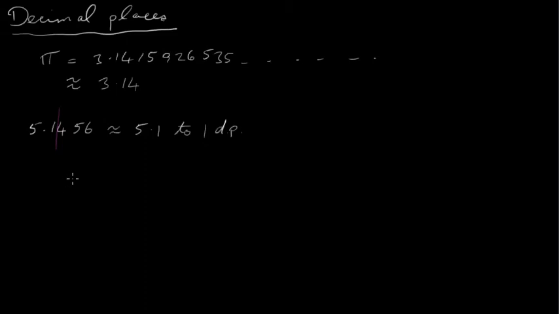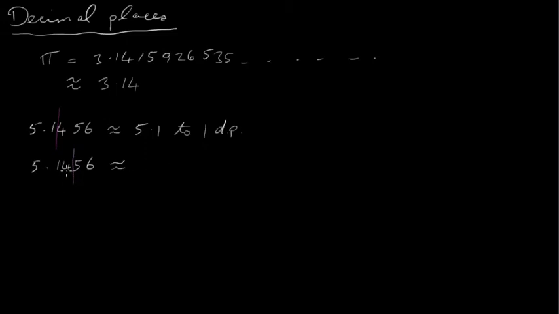Now, if we were then asked to round 5.1456, I'll just write it down again, 5.1456. If we were asked now to round that to 2 decimal places, so I'll just change the color here. I'm going to go to 2 decimal places now. Here's my decimal point. I'm going to go 1, 2, draw a line down here. This is as much as I'm going to write over here.